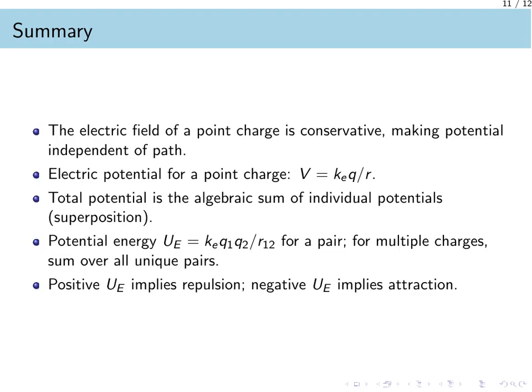For multiple charges, the total potential is the algebraic sum of the individual potentials. The potential energy for a pair of charges depends on the product of the charges divided by their separation distance. Finally, a positive potential energy implies repulsion between charges, while a negative potential energy implies attraction.